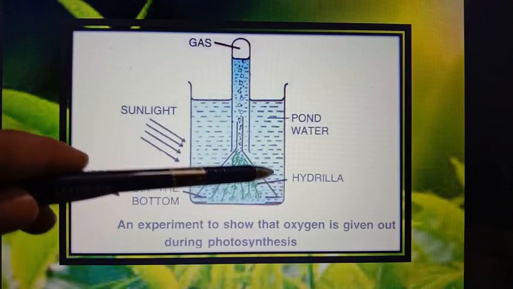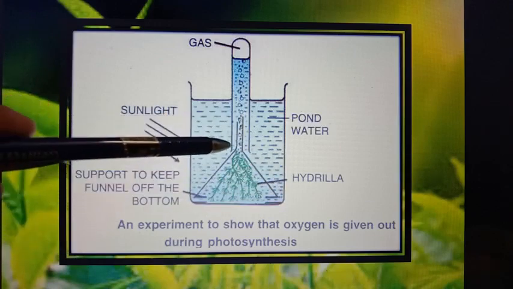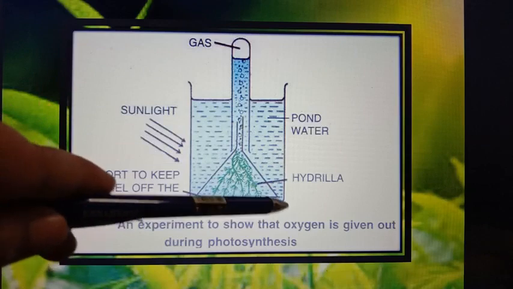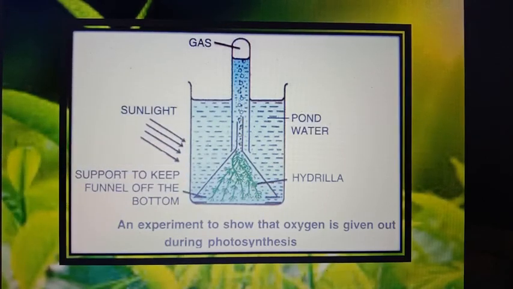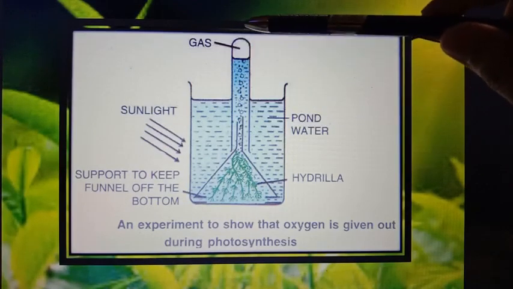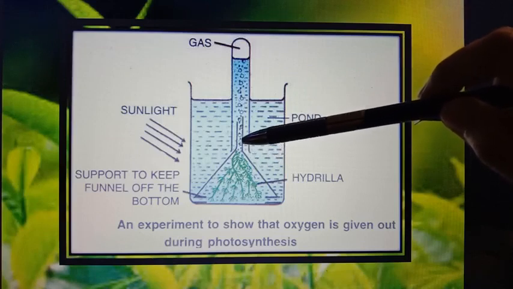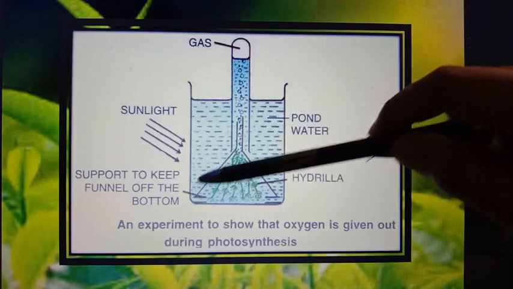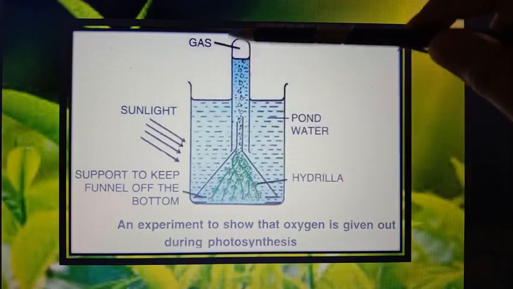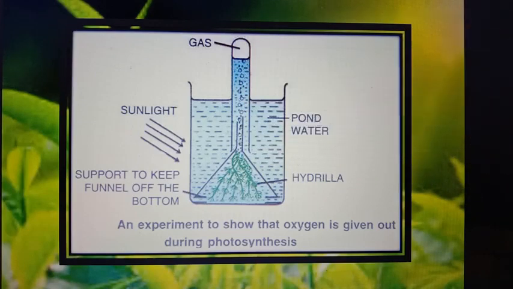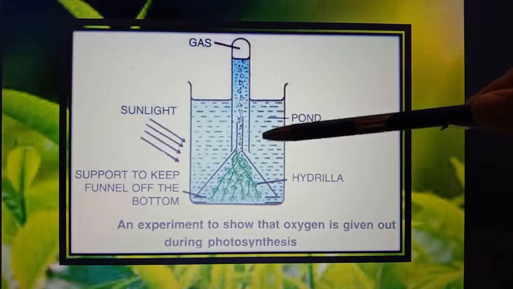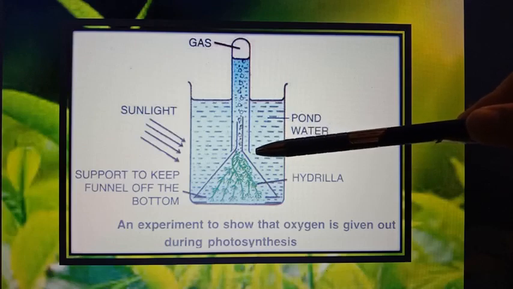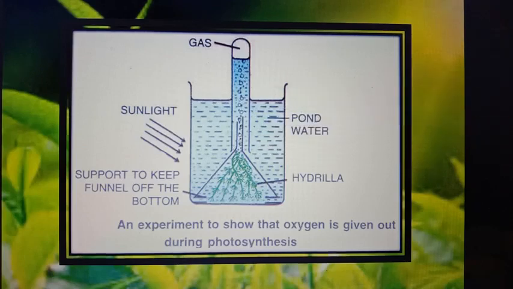Then it is covered by an inverted conical shaped funnel. Then keep an inverted test tube filled with pond water over the funnel, very cautiously so that no air enters the test tube.